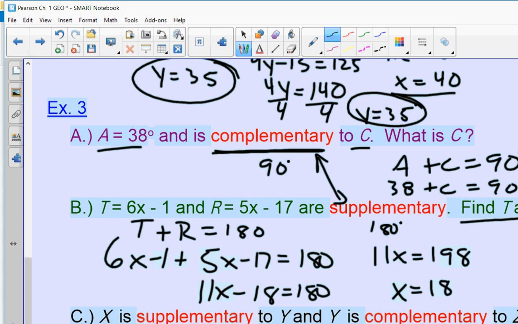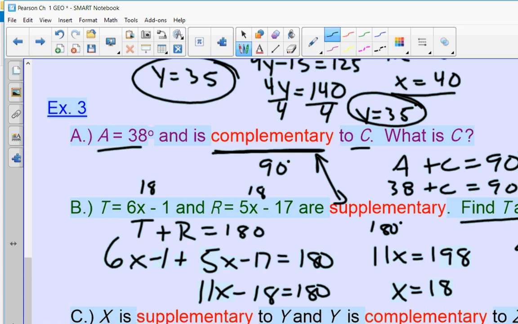Okay, so if you did all that math, I think x equals 18, but they want T and R, so that means I have to go plug 18 back in for x here and get the measure for each one, okay? So 6 times 18, I believe, gives me 108, but 108 minus 1 gets me 107, so angle T equals 107.